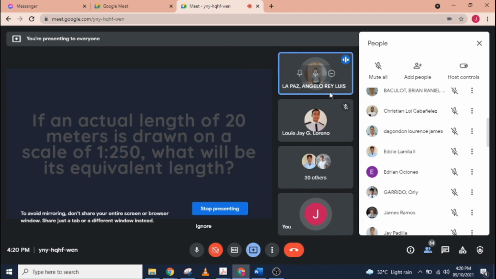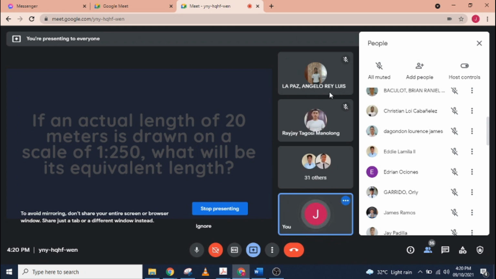I'll give you 3 minutes to try to solve this on your paper. After 3 minutes, you can send your answers to our group chat so we can see them. Your 3 minutes start now. Again, the situation is 20 meters actual, using a scale of 1:250. What will be the equivalent length on our drawing?